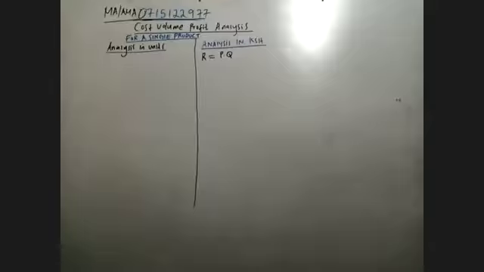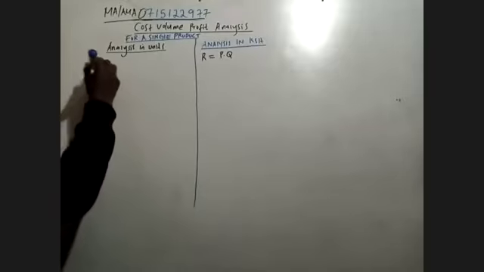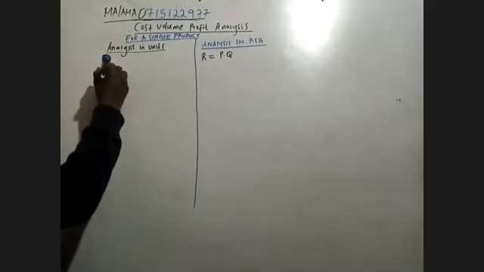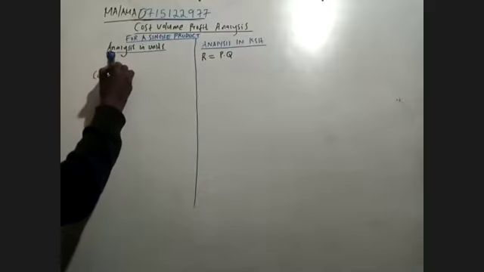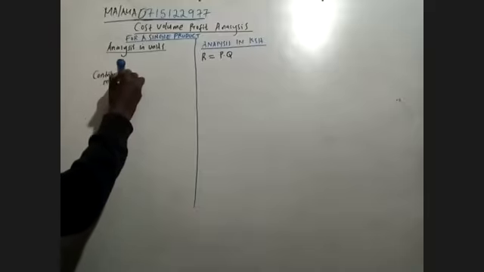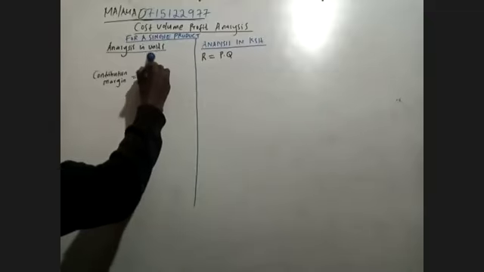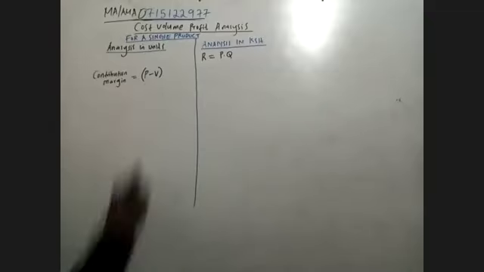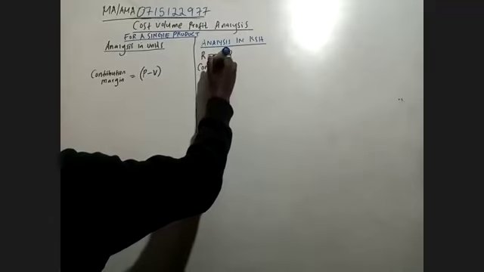Now, let us talk about contribution margin. Number 2, contribution margin. Contribution margin is equal to P minus V. On the other side, we need contribution margin ratio.